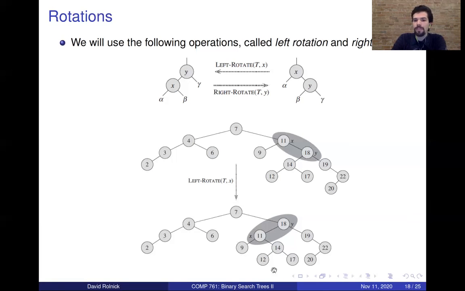And the things in the middle, they are all greater than X, but less than Y. And so it's easy to move them from being on the right-hand side of X, meaning they're greater than X, to being on the left-hand side of Y, where again, they're less than Y and greater than X. So these are the things between X and Y. These are the things that are less than X, and these are the things that are greater than Y. And these are just two different ways to write them. You can do a left rotation and a right rotation, and it just moves around these three subtrees, things less than X, things between X and Y, and things greater than Y.